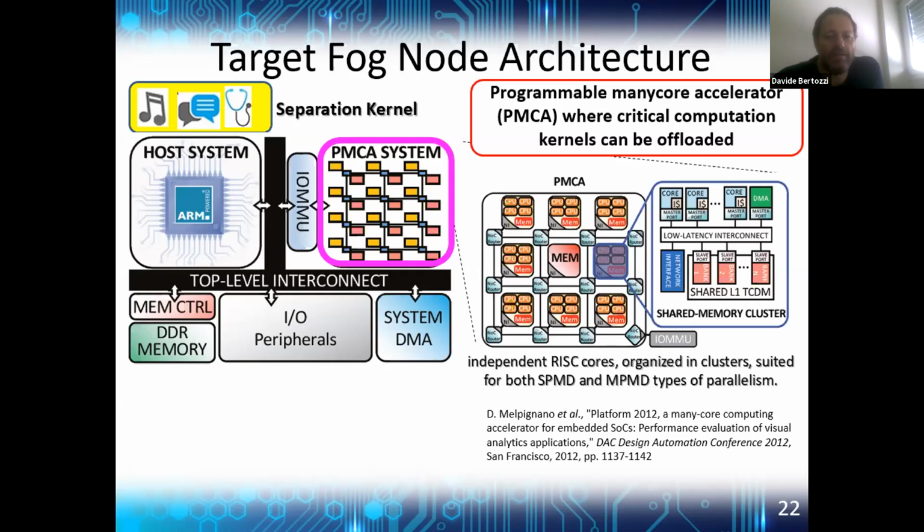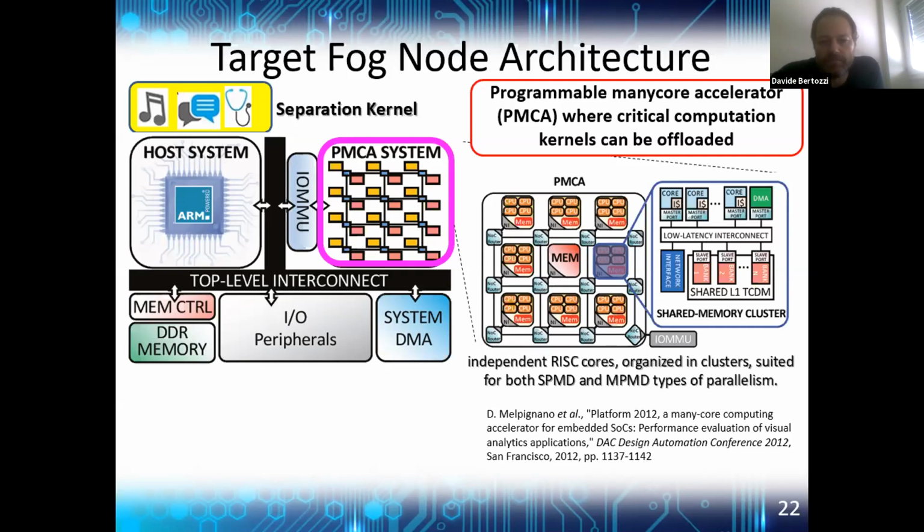And so you can think of offloading some critical computation kernels from the IoT service running on the separation kernel on the host system onto the programmable many core accelerator. The considerations that I'm going to make for this kind of accelerator can be extended to all kinds of accelerators.